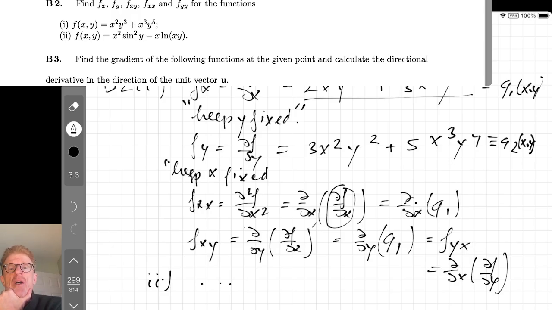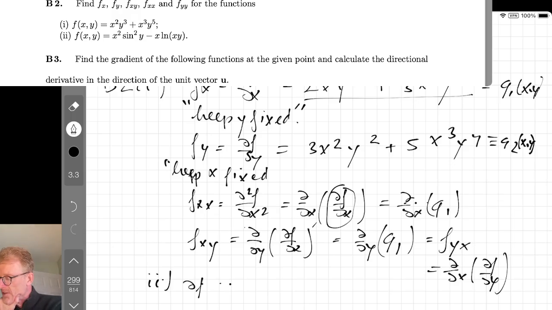So when you take the derivative of the log, which has argument xy, you have to be a bit careful.